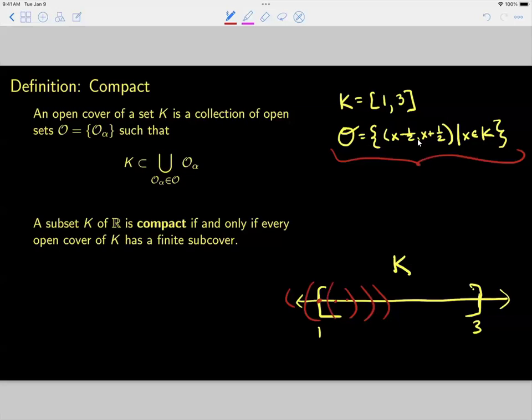This is an open cover of K because every element of K lives in at least one of these O sub alphas. Actually, every element lives in more than one, but that doesn't matter.